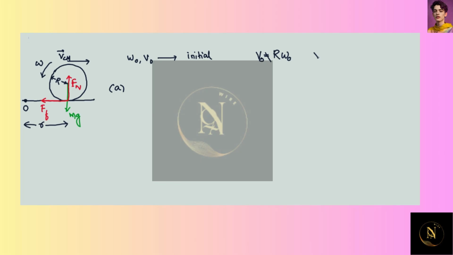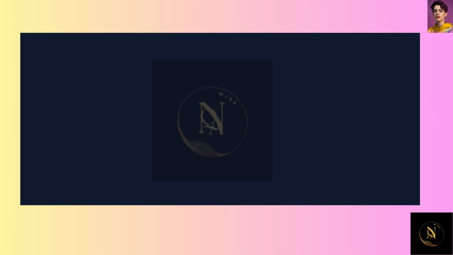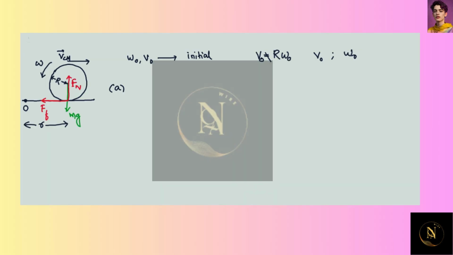So whenever we have to use the initial velocity, we will be using v naught, and whenever we have to use the initial angular velocity, we will be using omega naught, without using this relation. Now, you must see from the free body diagram, so basically the diagram of the ball after it has moved away from the initial point, where O is the initial point.